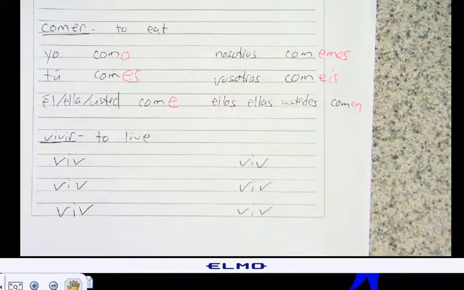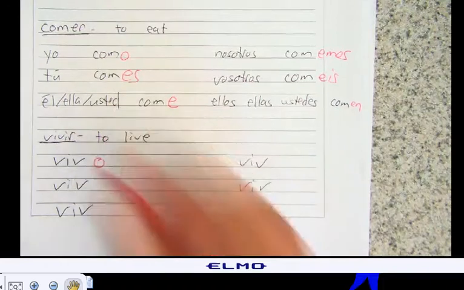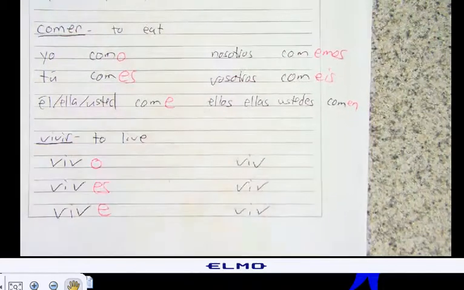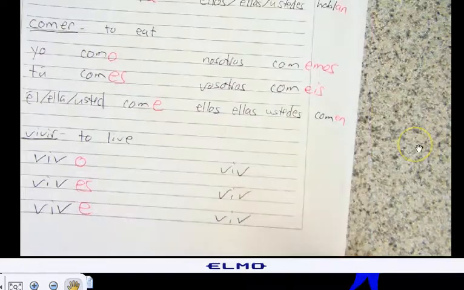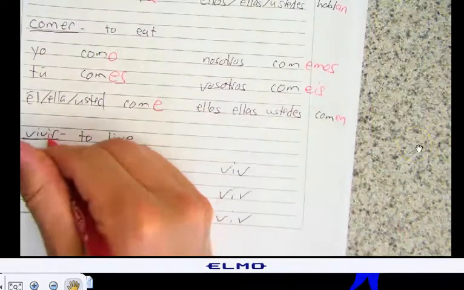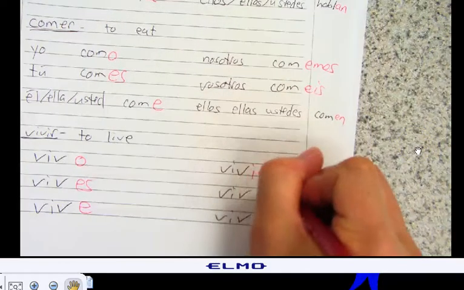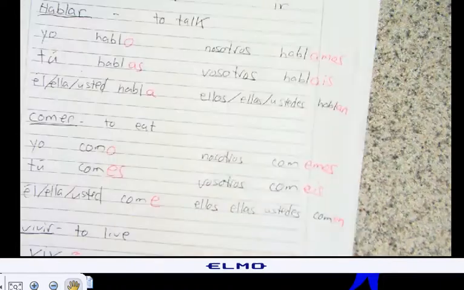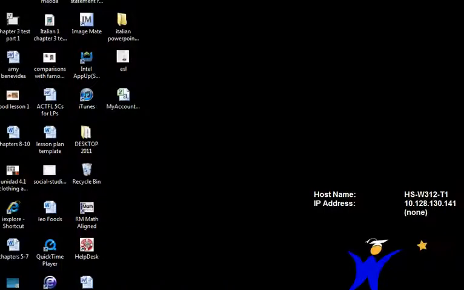Okay, the ER and IR endings are the same, except in two forms. So the same E, the same ES, the same E. Here's where the changes happen. IR verb, IMOS, IR verb, IS, instead of EMOS and EIS.